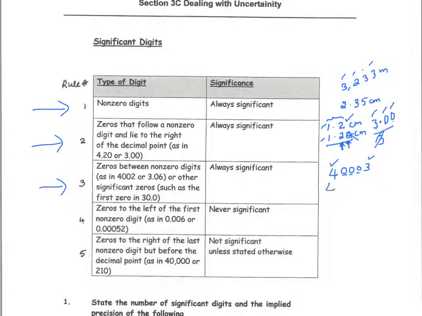What if we have 4000.35? 3 and 5 are significant because they're non-zero. They come after the decimal point, they're still significant. So zeros between two significant digits are always significant.